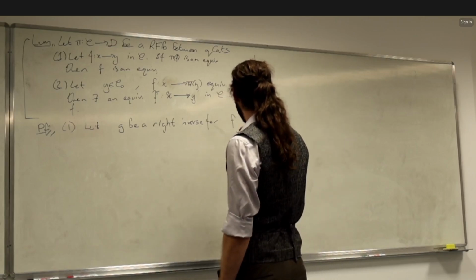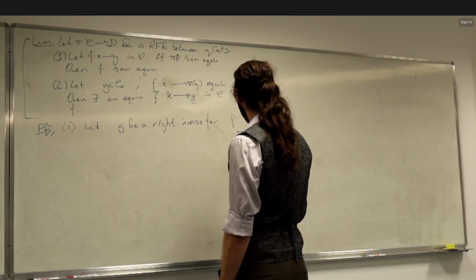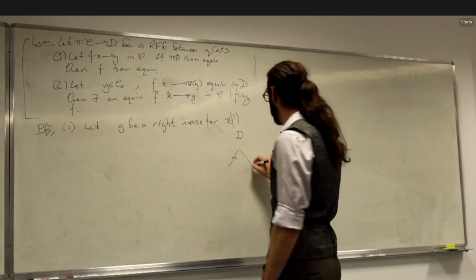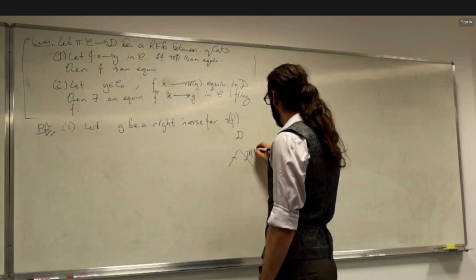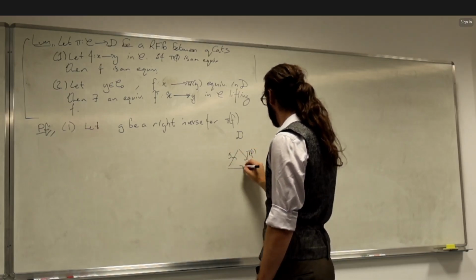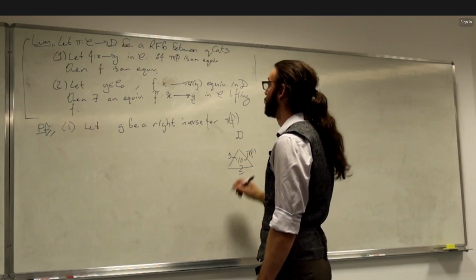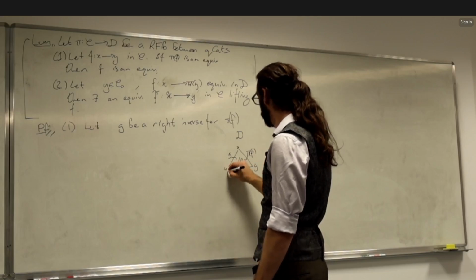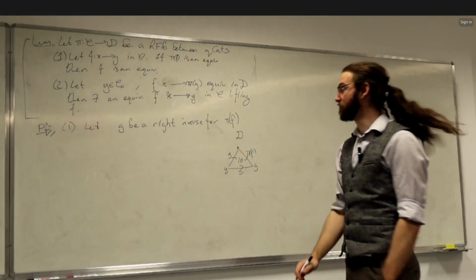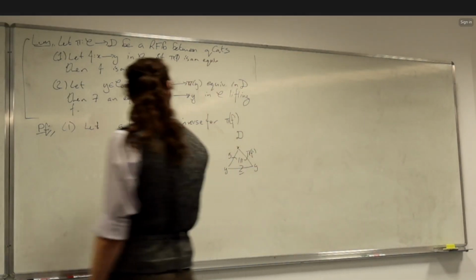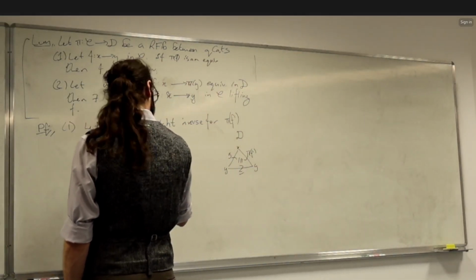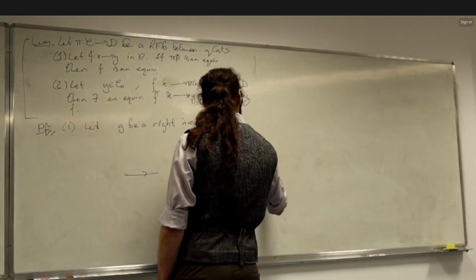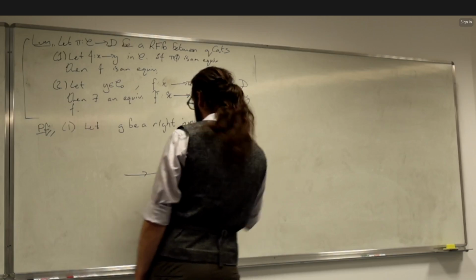So we have in D, pi of f, this 2-simplex, where these are x, y, y, and these are pi of y, pi of x.